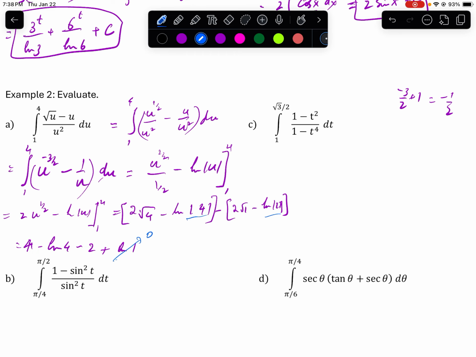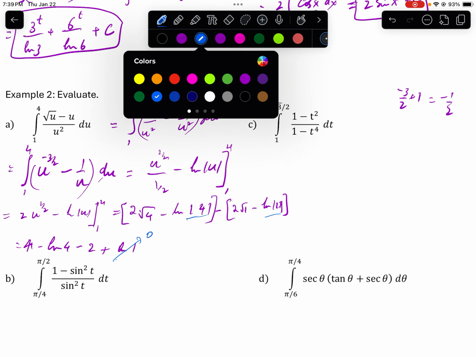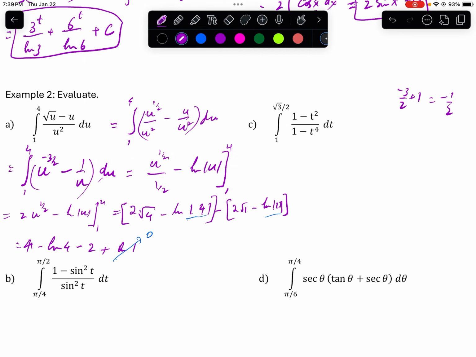So I have 4 minus 2, which is 2, minus ln of 4. Now note here, we can simplify ln of 4 as 2 ln of 2. Can you think why I can write this? Again, you have to recall the properties of logarithm.